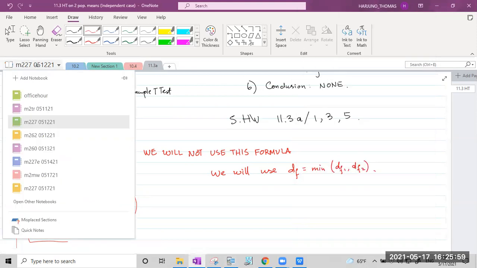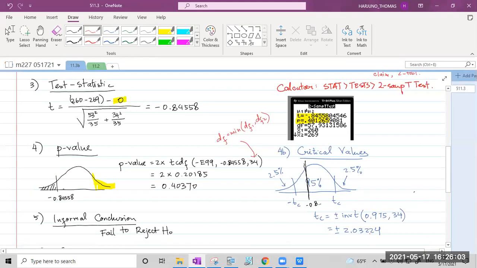We will play safe, conservative, so the degree of freedom we use will be the smaller of the two samples' degrees of freedom.